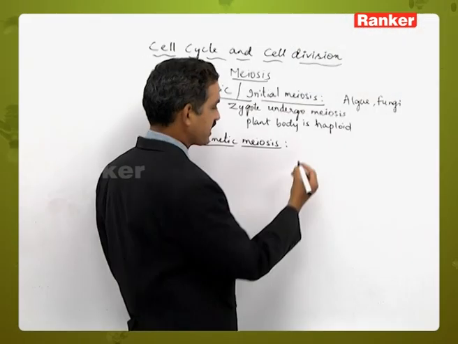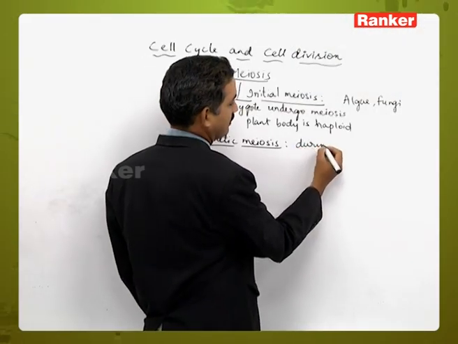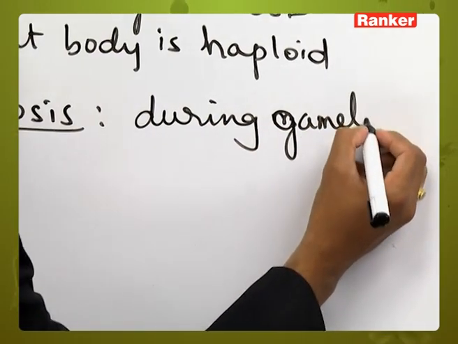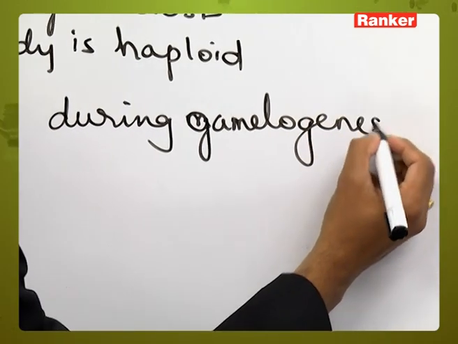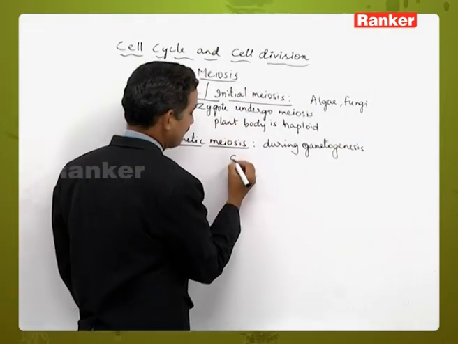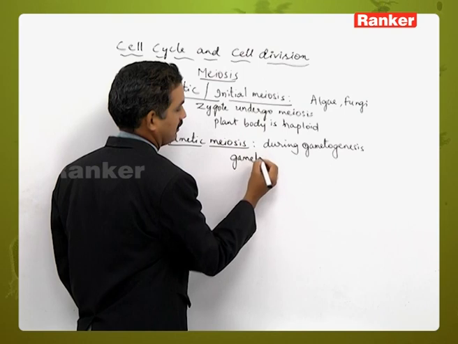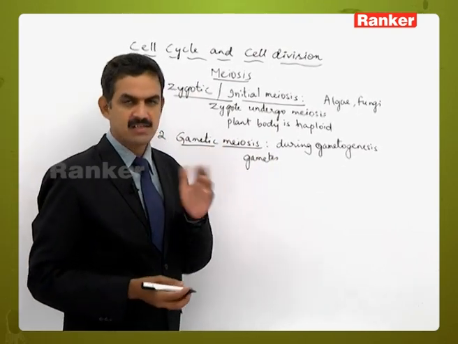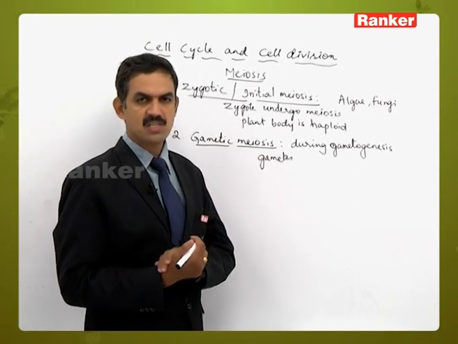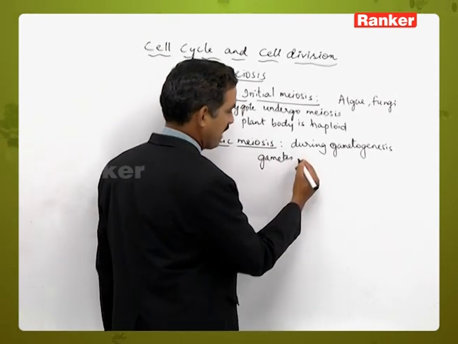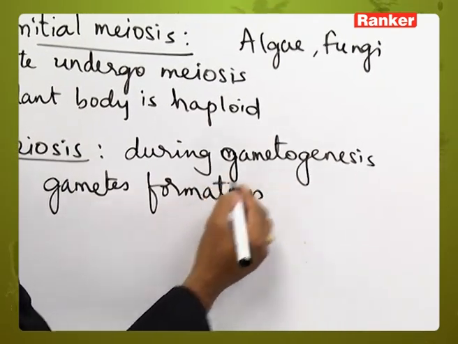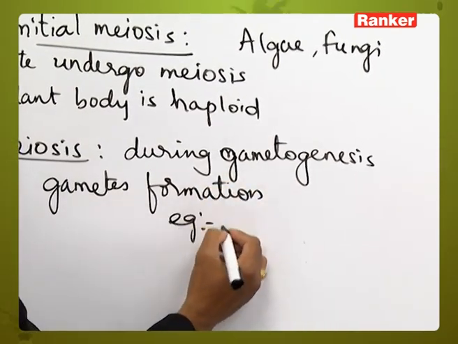Here gametic meiosis will occur during gametogenesis, that is, during gamete formation. So when the gamete parent cells are present, those parental cells will divide by meiosis to form the gametes. This is mostly observed in animals.